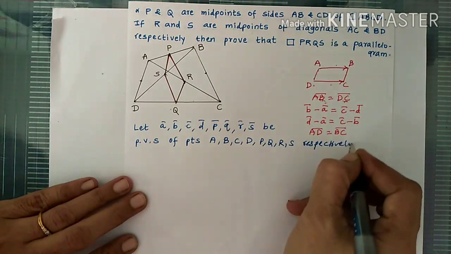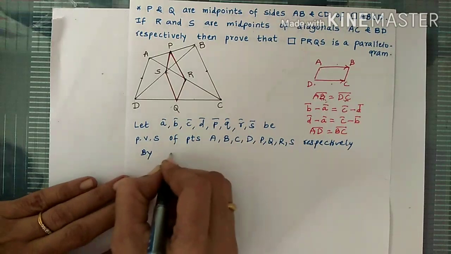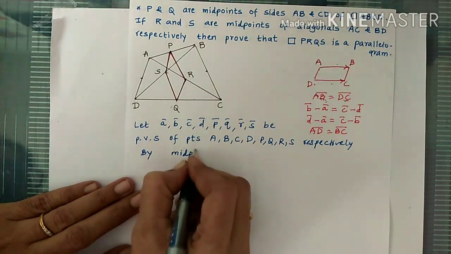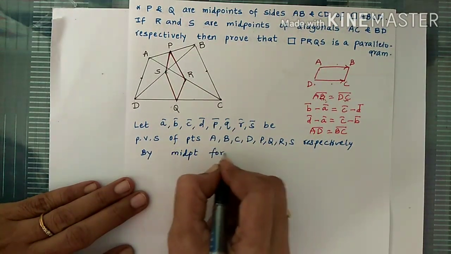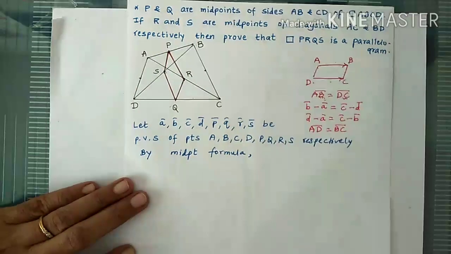Now what is given is P is midpoint of AB. So by midpoint formula, let's write all the position vectors of P, Q, R, S.